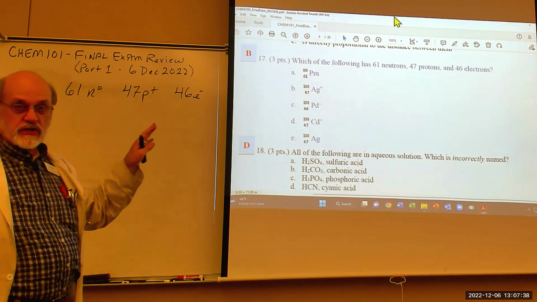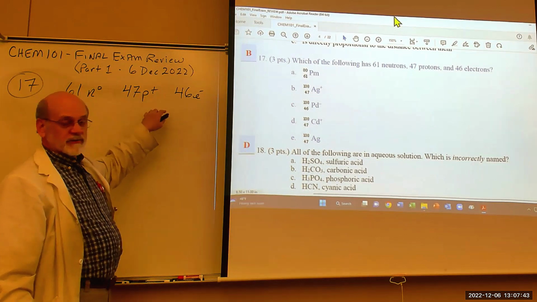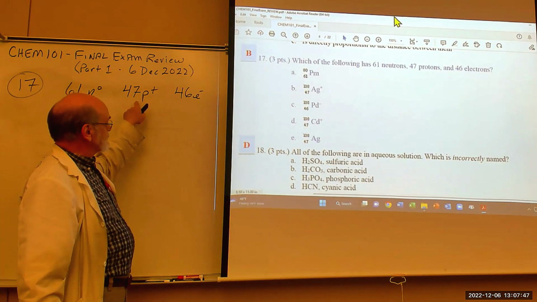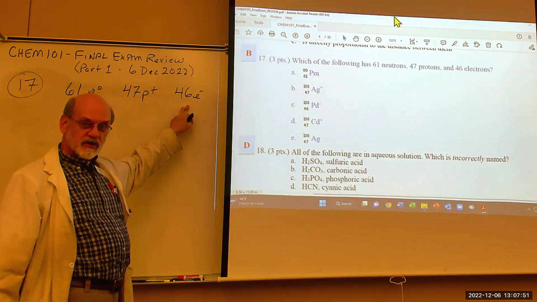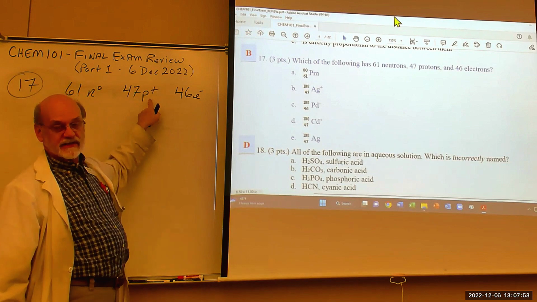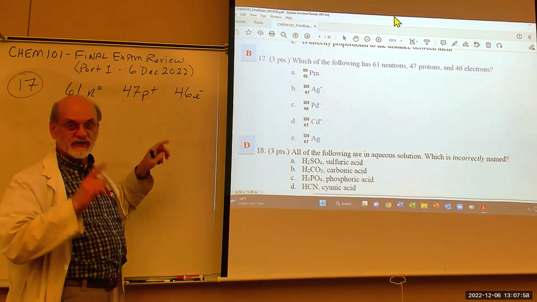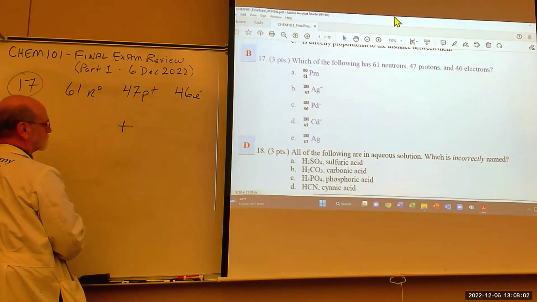So of the ones that we can choose from, is this going to be neutral or charged? 47 positives, 46 negatives, it's going to have a charge. What's its charge? It's going to have a positive charge. One positive more than the negatives makes it +1. So whatever it is, it's going to have 1 plus charge.